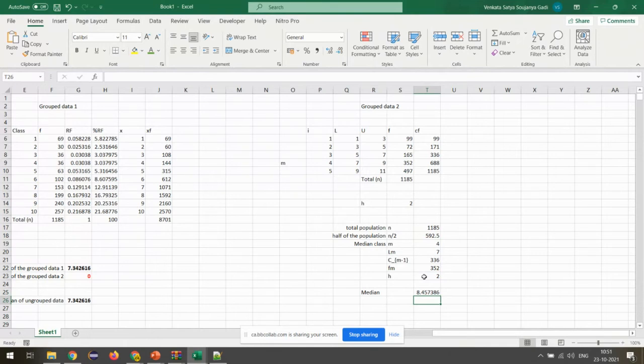So the median is 8.457. That's what we are getting from this group of data.